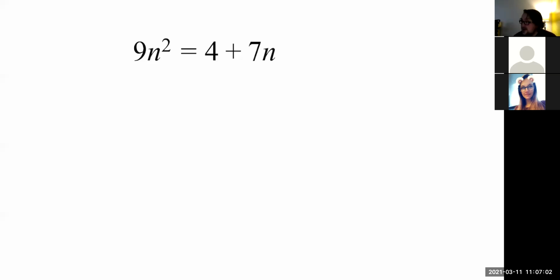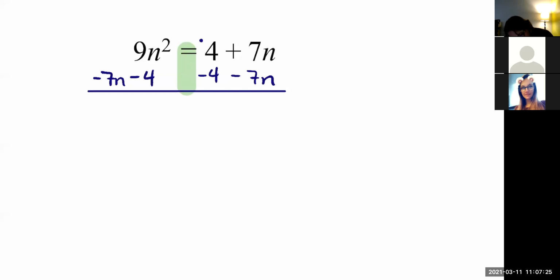The good news is we've got a couple ways we could go through this. I personally, if I was doing it, would subtract the 7n over here. And I would also subtract the 4 from over here, put a little guideline in so I can see my little wall.